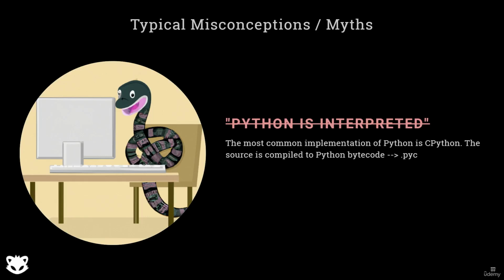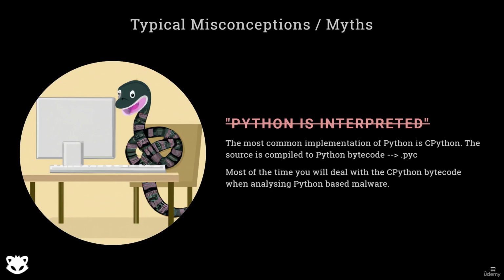CPython source code is compiled to Python bytecode, the so-called .pyc files. Most of the time, when you deal with Python samples, you will have the CPython bytecode when analyzing them. So actually, CPython, the most common implementation of Python, is a hybrid compiled implementation.